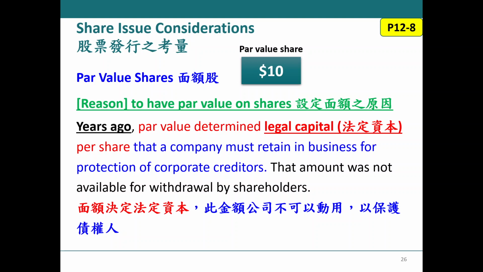The only reason is we want to use the $10 to determine legal capital, 法定资本. So what does it mean? It means that $10 is legal capital.